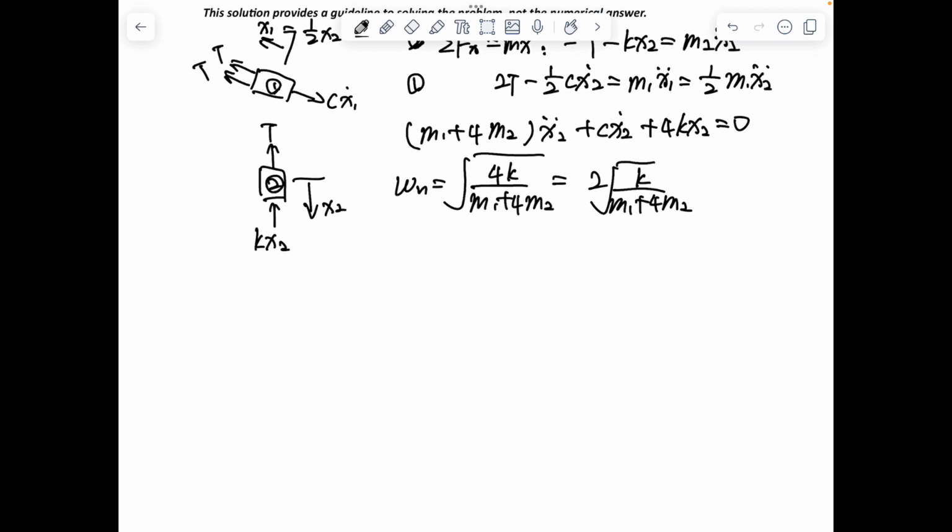Then we have 2 zeta omega n is equal to c over (m1 plus 4 m2).